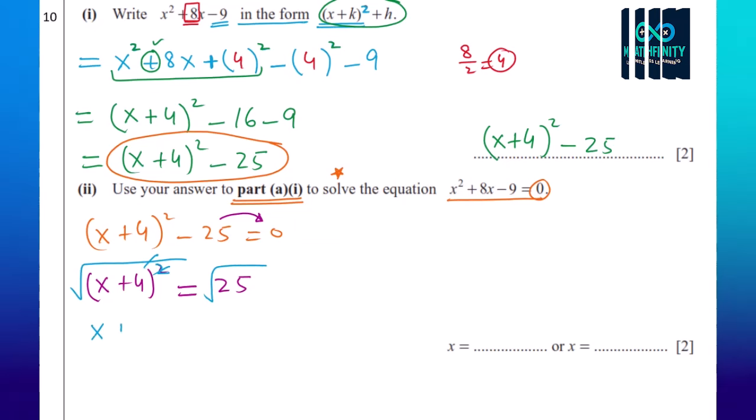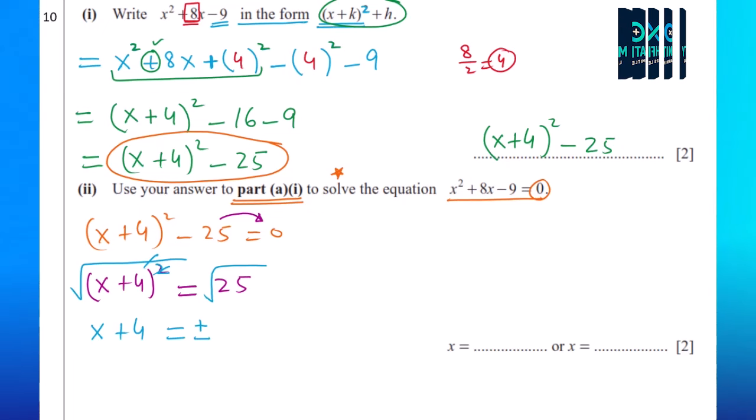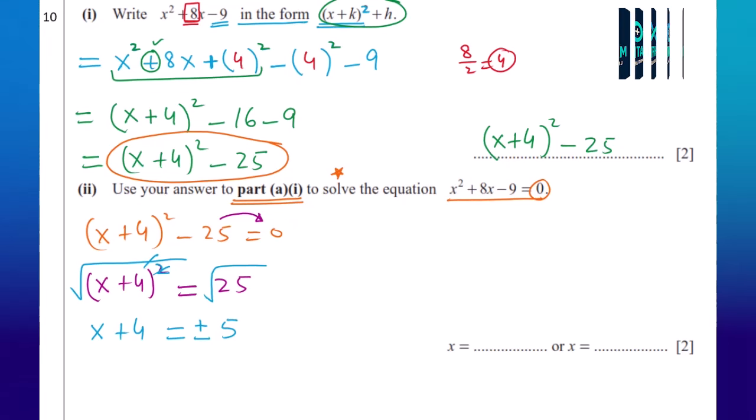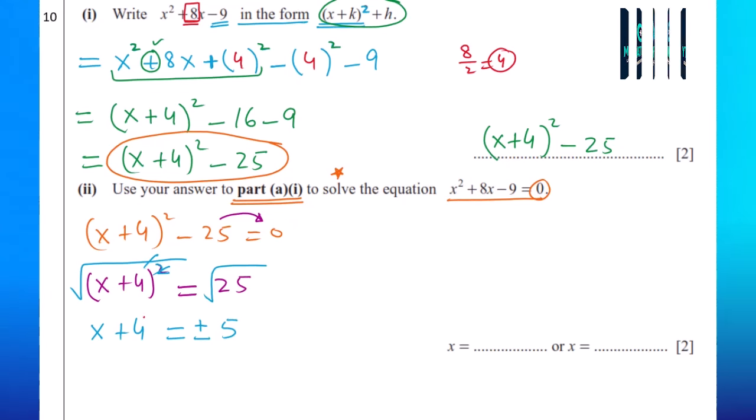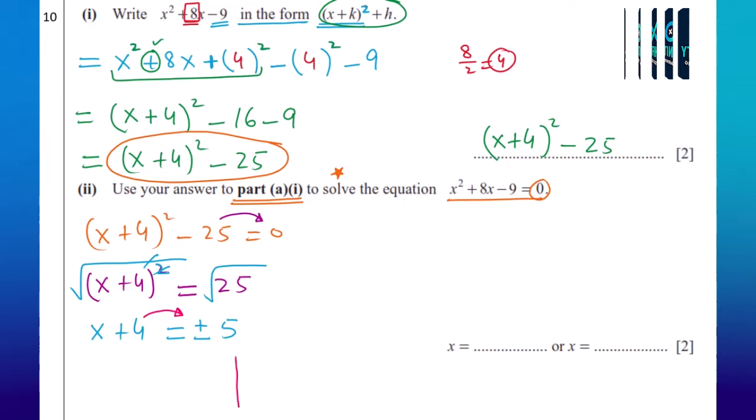What we have to write here? X plus 4. And we studied this, whenever we take the square root of a constant number, we have to write plus minus. Square root of 25 is 5. Now we will shift positive 4 to the other side, or from here you can make columns.